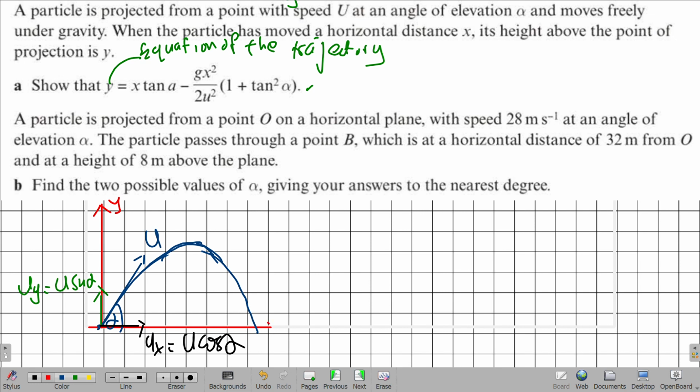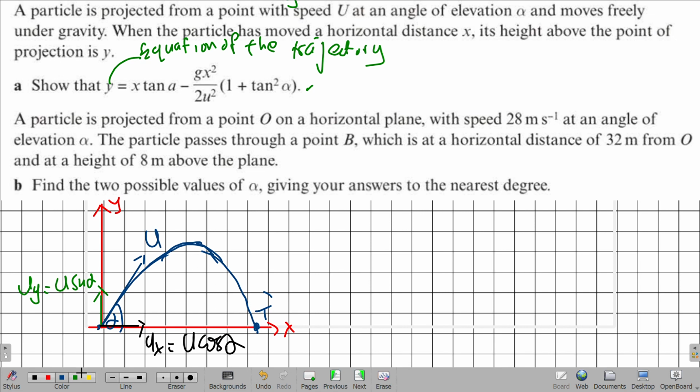This is our y and this is our x. When the particle has moved a horizontal distance x, which is this part up to here, and I can say this takes us time t, its height above the point of projection is y. Show that y can be given as this formula here.